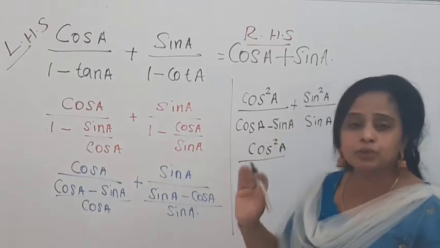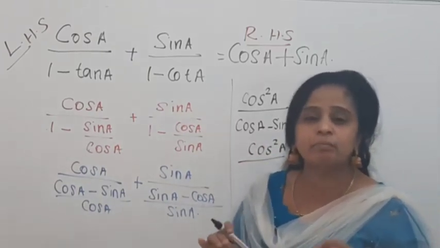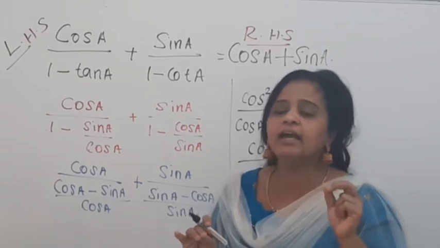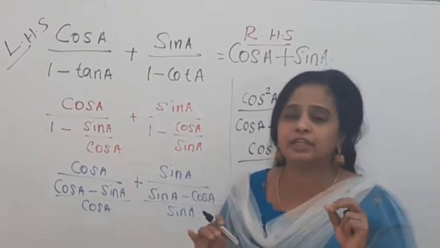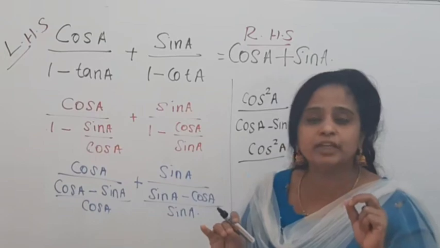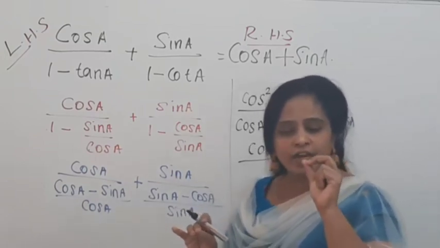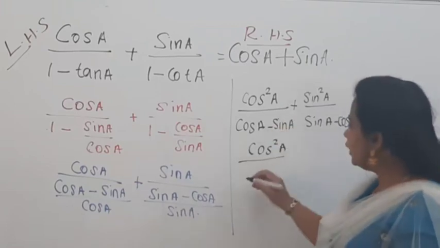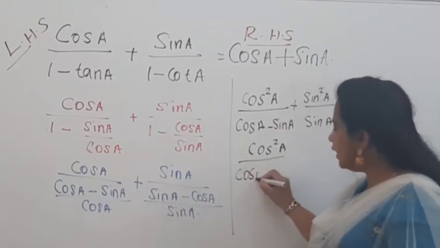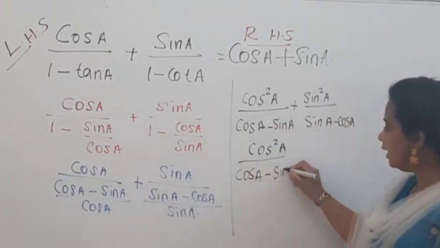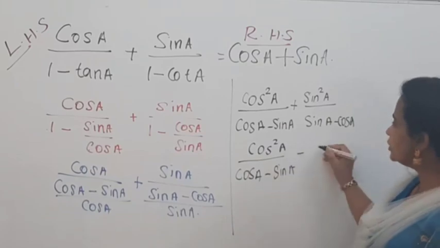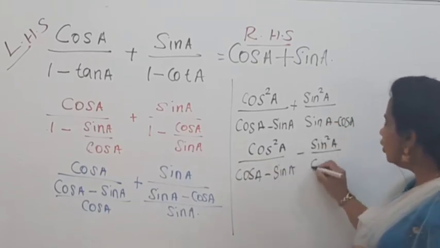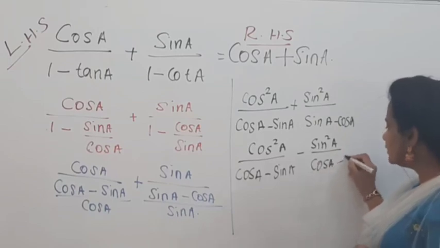Please do not have a negative symbol at the first term in any solution in math. Always try to keep the first term positive. So cos square A by cos A minus sin A. Now I take the minus outside, so it becomes sin square A by cos A minus sin A.